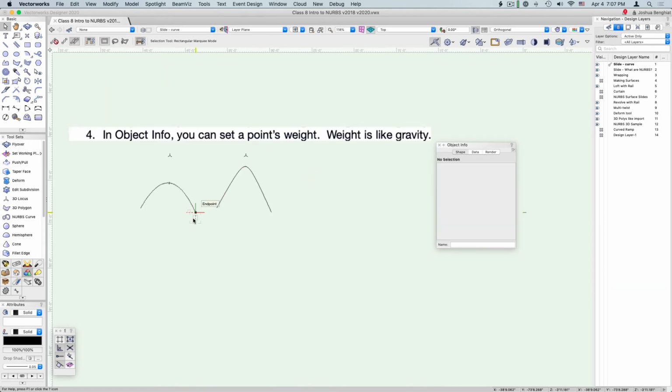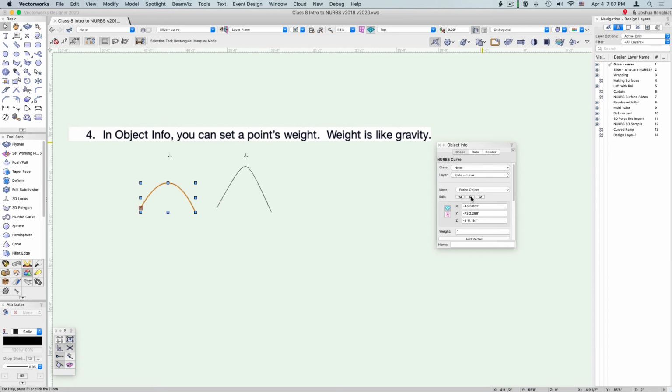The next thing to know about NURBS is that each control point can have something called a weight to it. We can almost think of a weight as a kind of gravity. The higher the weight, the more the curve pulls to that control point. So if we look at this example curve, if we go over to Object Info, we can use the little arrows to advance through the points.